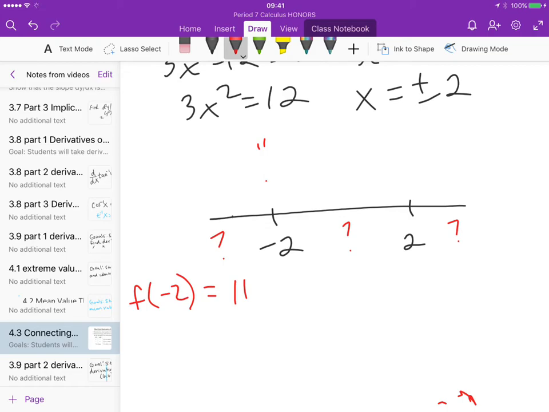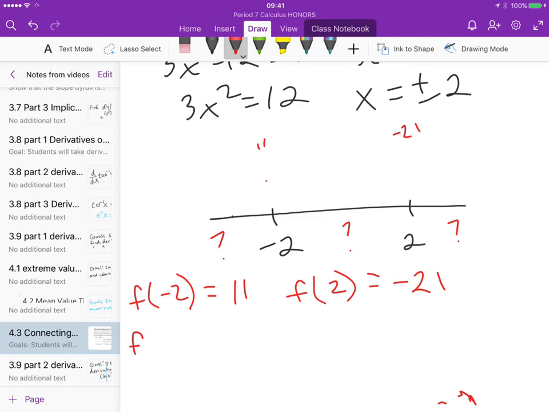And then for f of positive 2, once again you can do the math and substitute it in, it's going to be negative 21. So I'm just going to put negative 21 up here, just so we know what's particularly happening. And so if we want to see what's going on, either positive or negative, we've got to see what's happening to the left and to the right of negative 2 and of 2. Well, let's find out here.